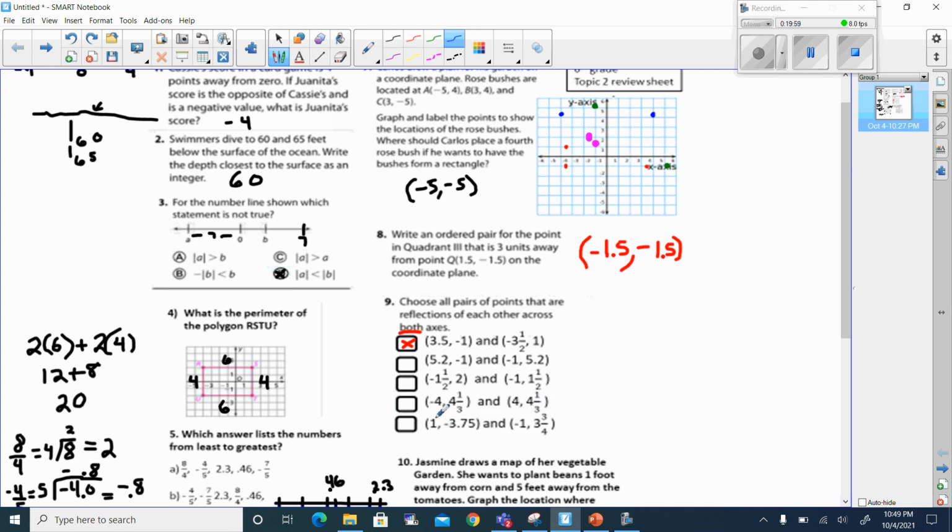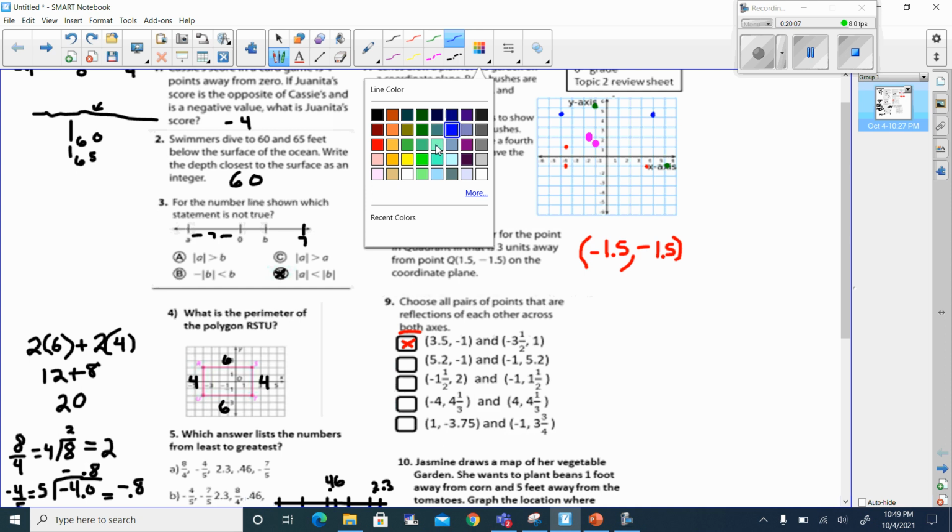Now let's go to that last one. 1 and negative 3.75. All right, one last color. Let's see. Sorry about that. Here we go. 1 and negative 3 point, there's 1. And then negative 3.75. Oh, there's 3, so about right here.